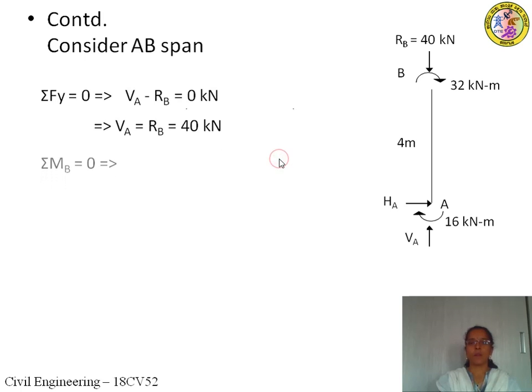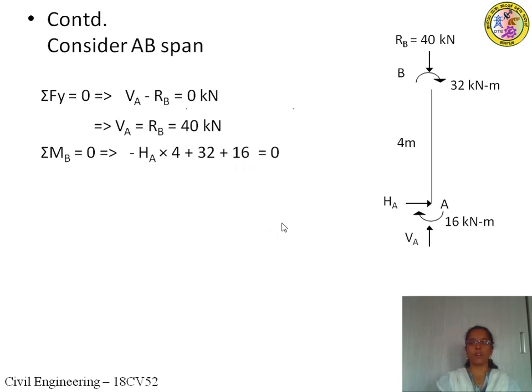Next, apply sigma Mb. Take moment of all the forces about B and equate it to 0. That implies minus HA. This HA is inducing anticlockwise moment about B. Therefore, minus HA into 4, and then this clockwise moment of 32 plus 32, and then again this clockwise moment of plus 16.